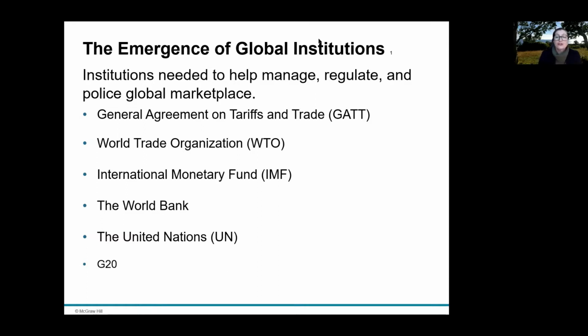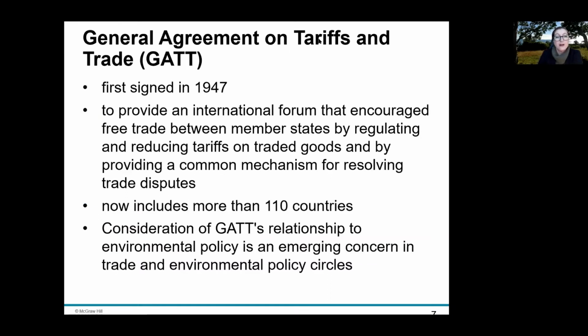Some of these institutions include the GATT, which is short for General Agreement on Tariffs and Trade, the WTO, which is short for World Trade Organization, the IMF, which is short for International Monetary Fund, and the World Bank, as well as the United Nations and G20. We're going to talk about each of these in turn, so let's go.